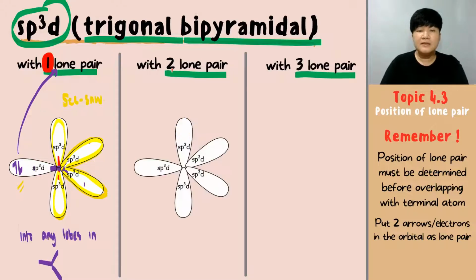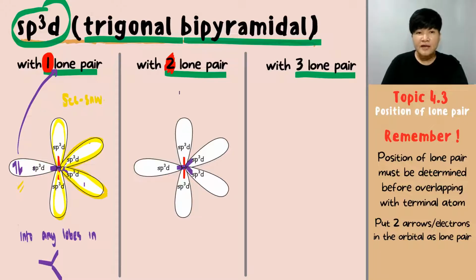Next, what happens when you have two lone pairs? Same thing, look at your trigonal bipyramidal. You have the 180 degrees straight, and you have another three lobes that form a trigonal planar.